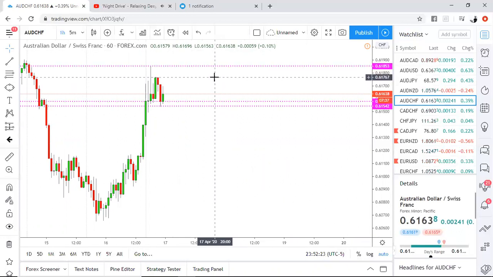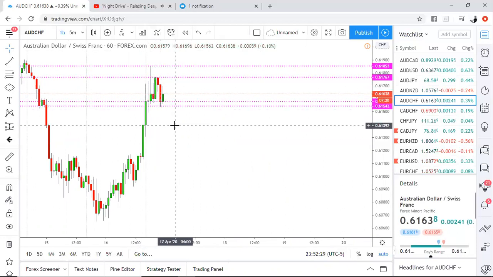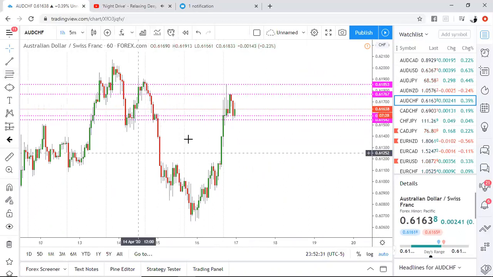Body of the candle right there. Here to here. From here to here. That's basic. Sometimes I just leave it with that.